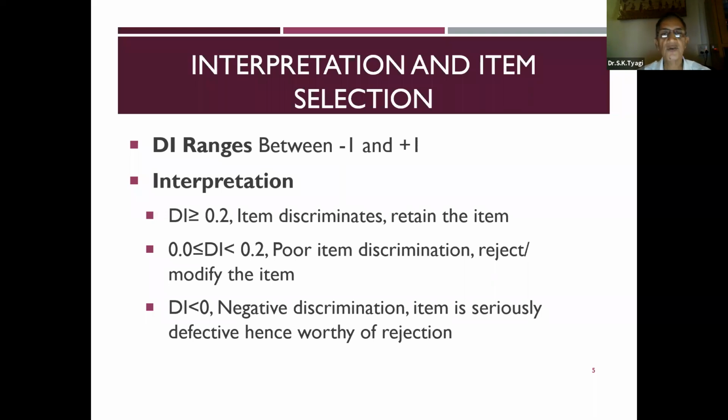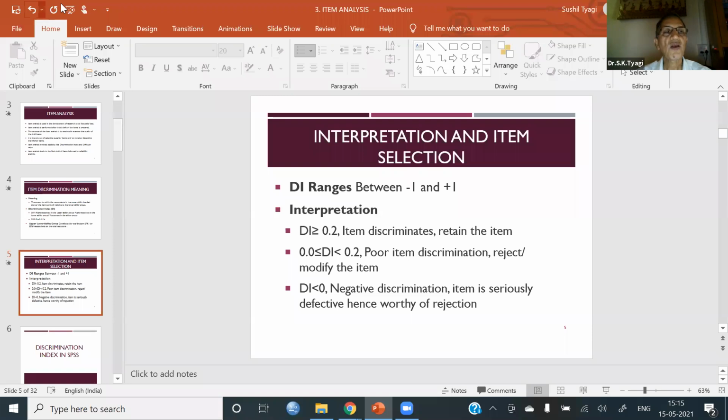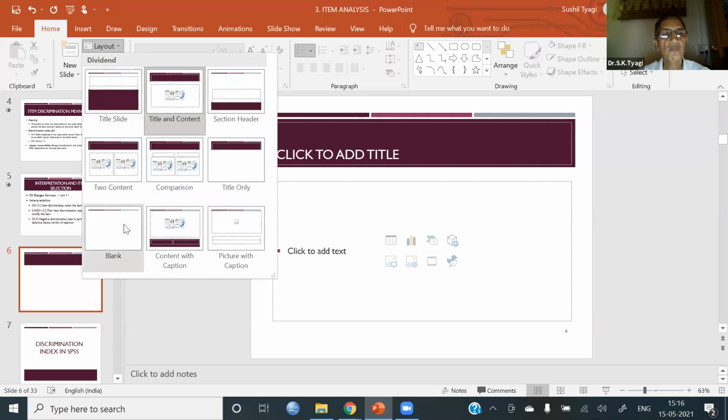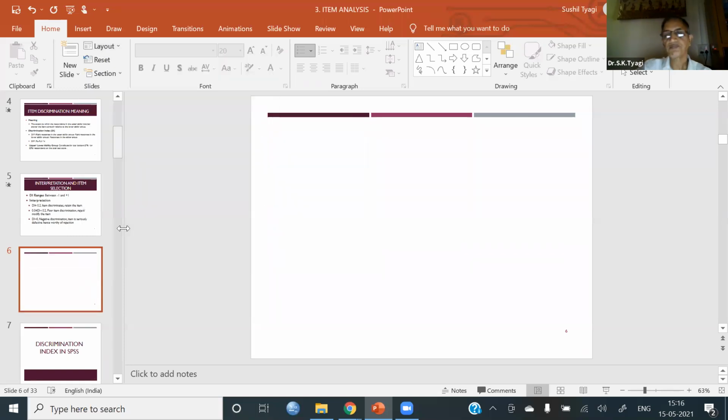First of all, appreciate this: discrimination index is equal to right responses in the upper group minus right responses in the lower group divided by N, where N is the 27% in either group.